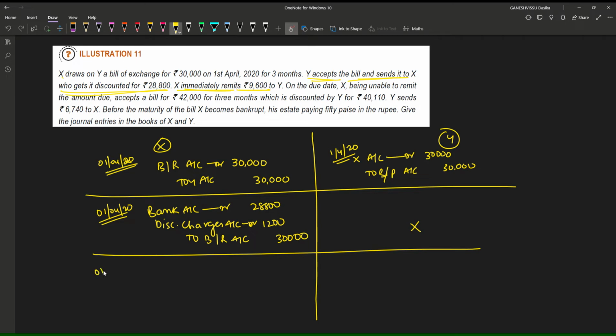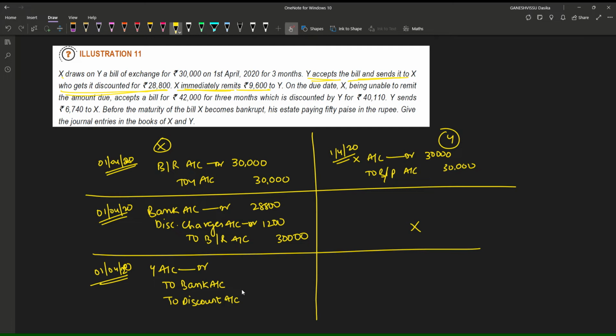Okay, on the same date, 1/4/2020, X is going to send the amount to Y, the account debtor, through the bank. To discount account also we need to send, because the discount which has been borne by X previously has to be borne by both of the parties.